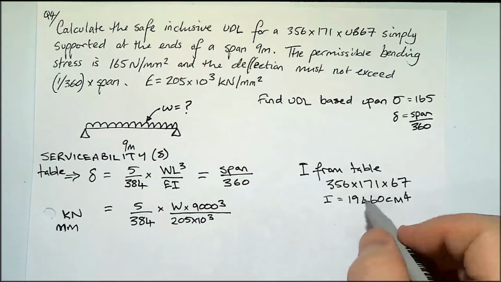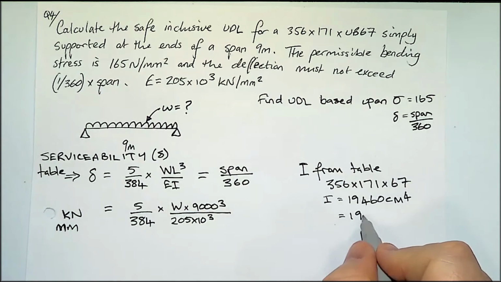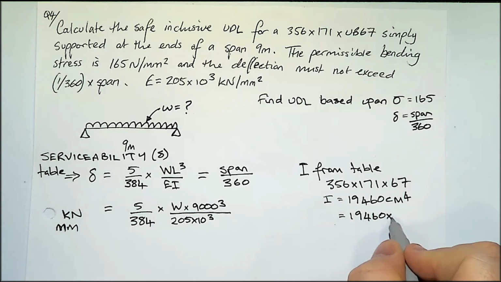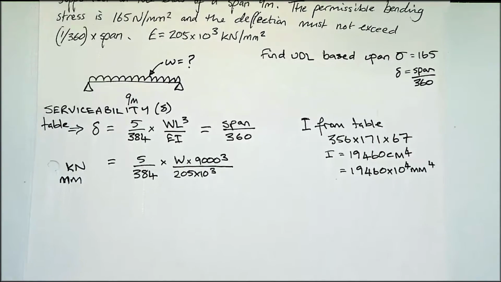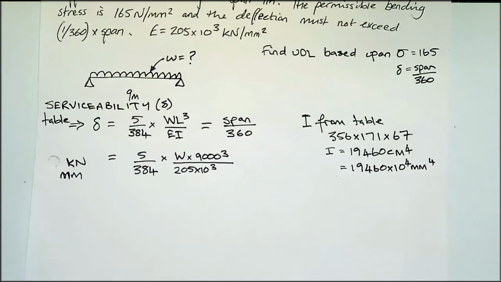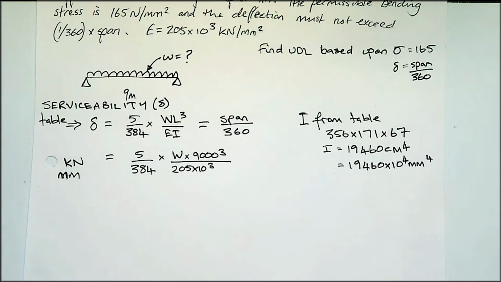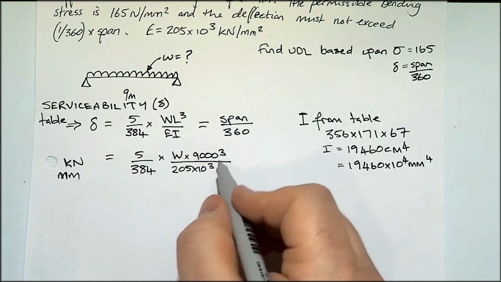But we're putting everything into millimetres, so it's 19460 times 10 to the 4 millimetres to the 4. So put that value into here.